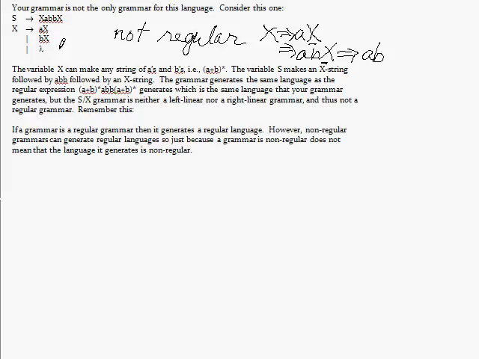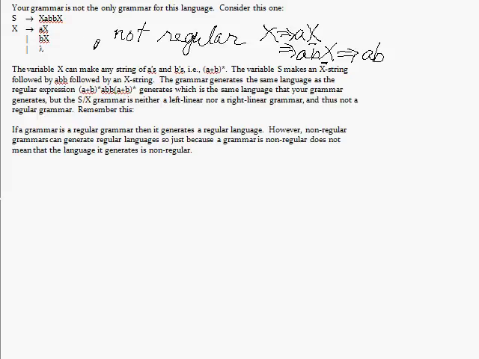X has rules that can make any string at all out of A's and B's. So if you think about it, this is (A or B) star, followed by ABB, followed by (A or B) star. And it's making the exact same language that the grammar you made from the machine made.